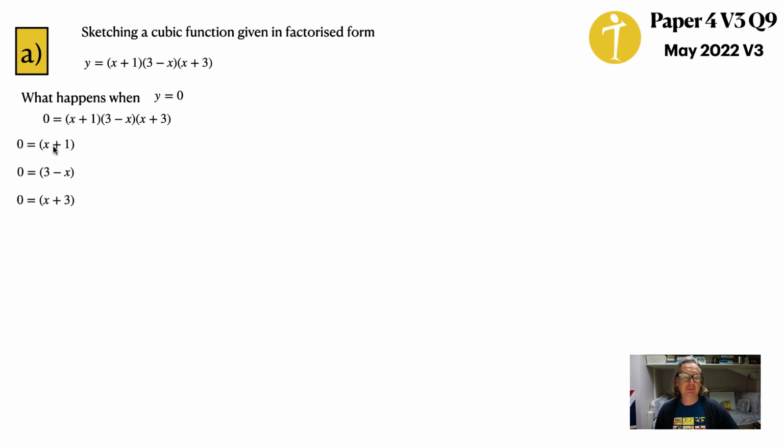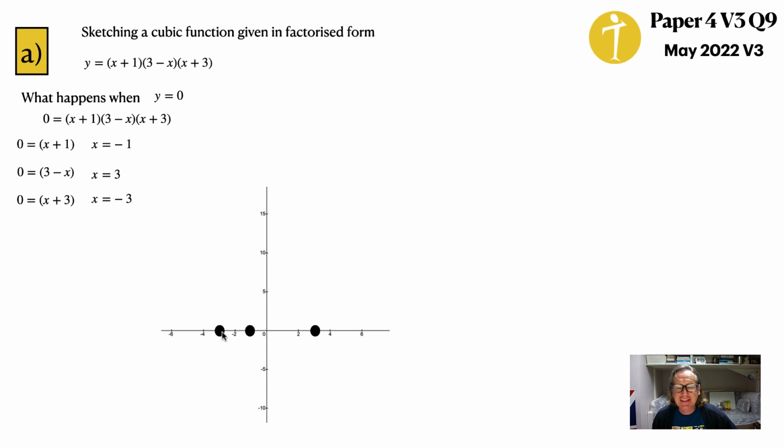So x plus 1 is 0, or 3 minus x is 0, or x plus 3 is 0, and that gives me three solutions for x. And that's in fact 3 points that I know are going to go on our graph. So I can see that the graph will cross the x-axis there and there and there. So I'm already beginning to sense what my cubic is going to look like, coming down from there, underneath, coming back up through there, and then over and down through there.